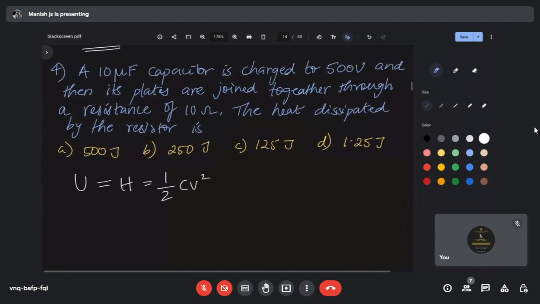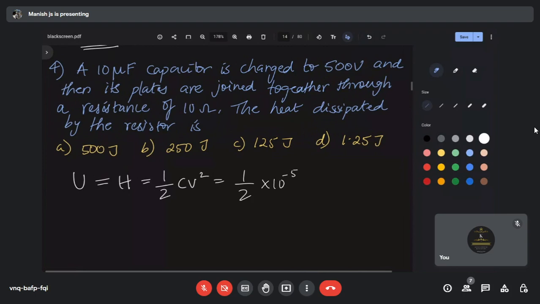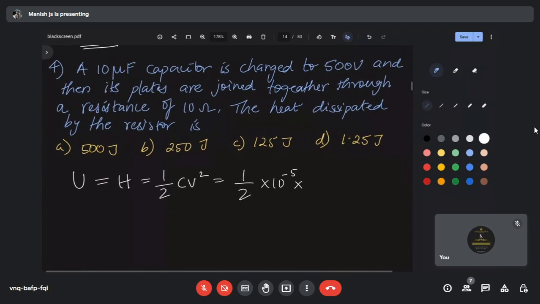C is equal to 10 into 10 power minus 6, so 10 power minus 5. V square is 500 the whole square. So 500 times 500.